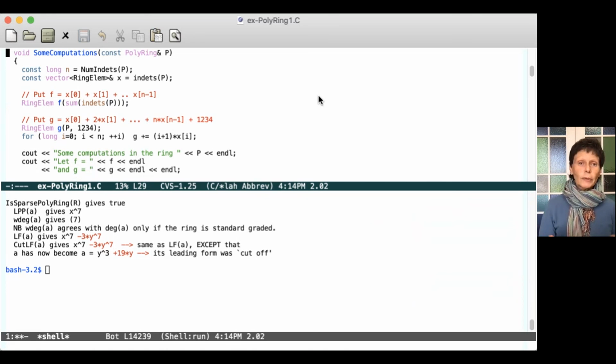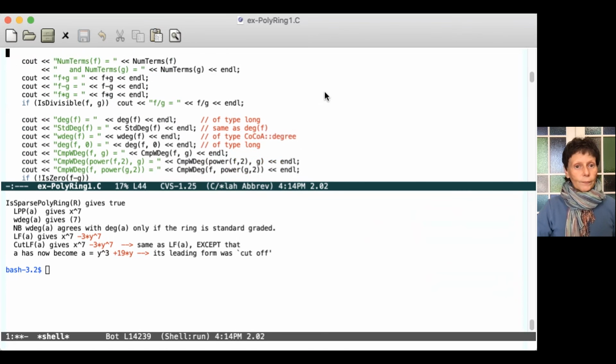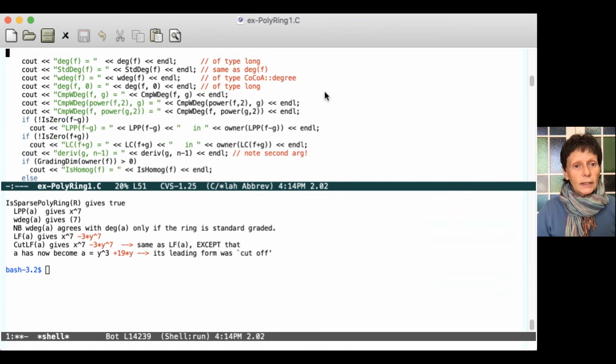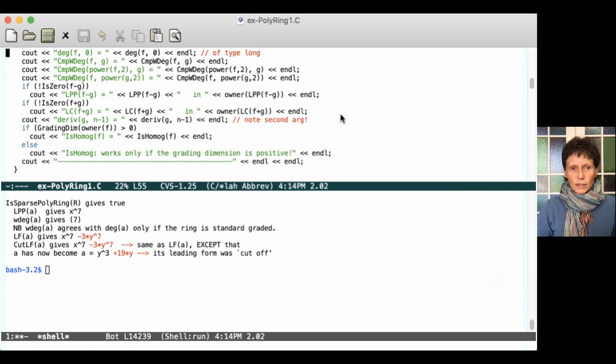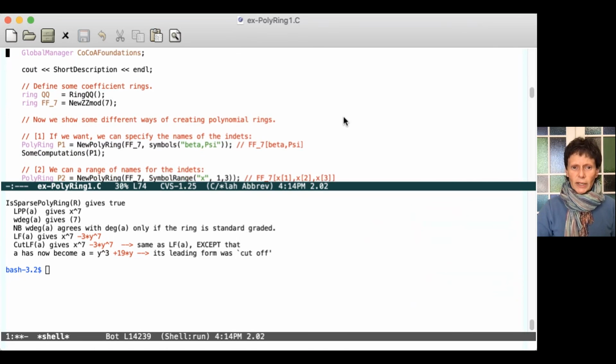So we have a function doing some computations in that polynomial ring. And we have many operations inside with the objects it creates, so that we can create many rings.